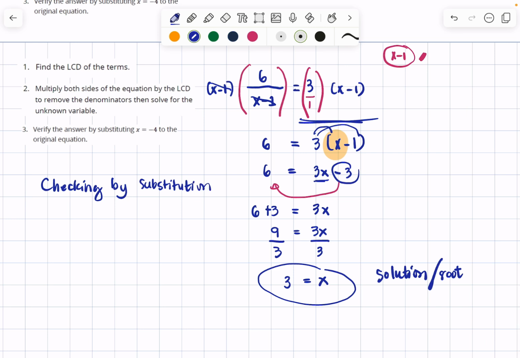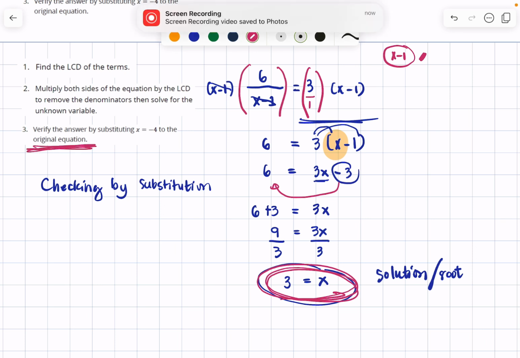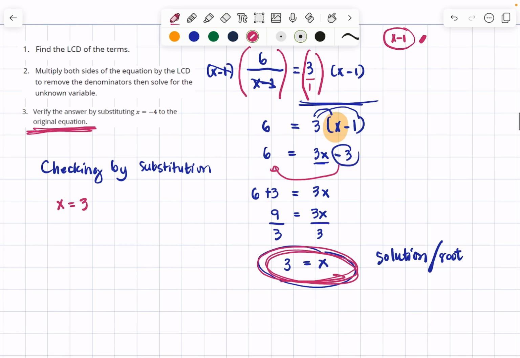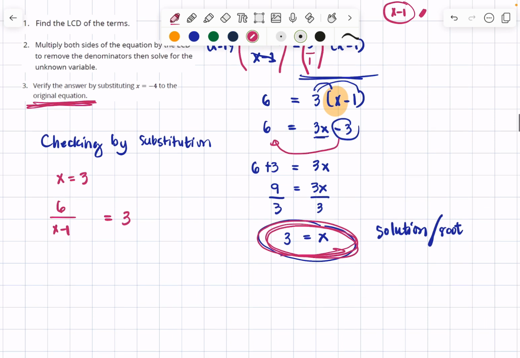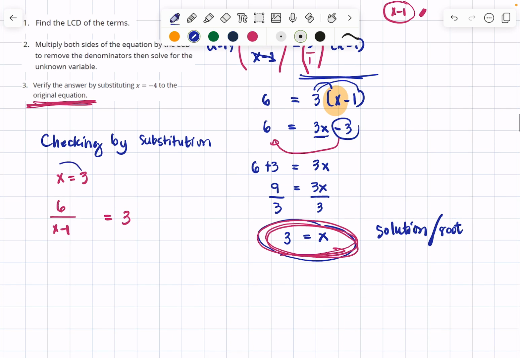We're going to substitute our x into the original equation. If your x is equal to 3, and your original equation is 6 over x minus 1 equals 3, you're going to substitute 3 for your x here.